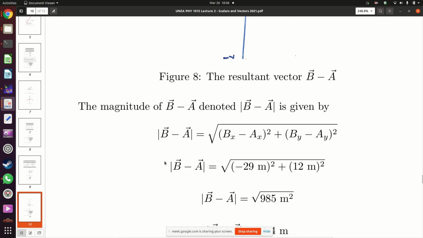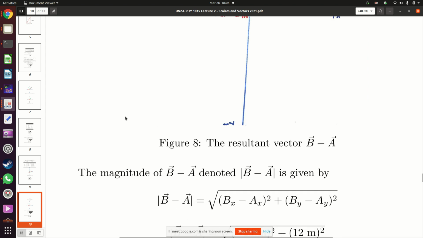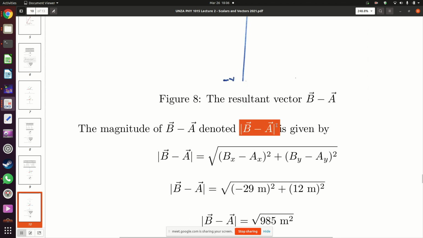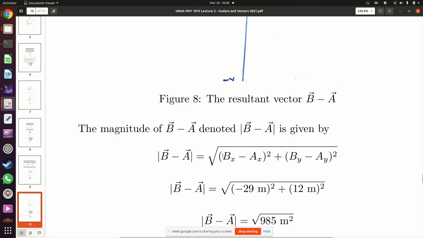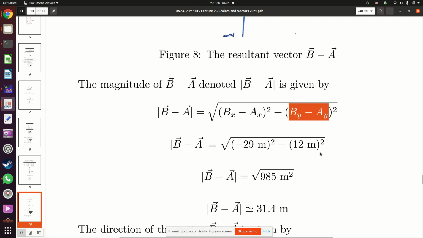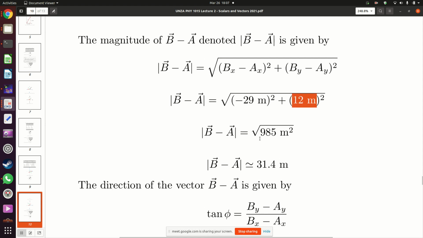So the magnitude of b minus a is the square root of how much b minus a is along the x-axis squared plus how much b minus a is along the y-axis squared. Along the x-axis, as you can see from the table, it's minus 29 meters squared, plus along the y-axis 12 meters squared. That gives us 985 meters squared.